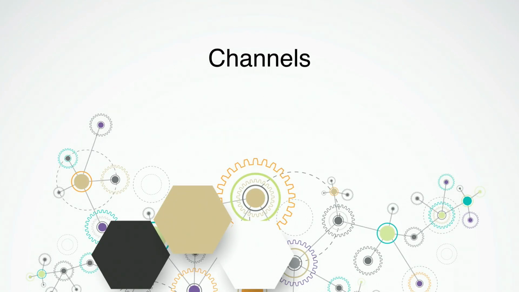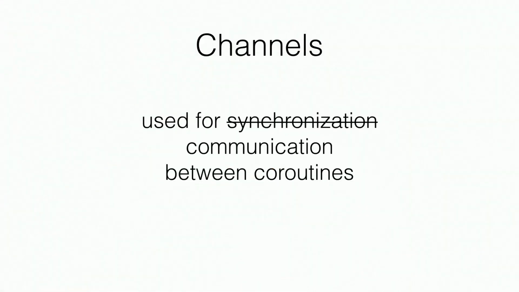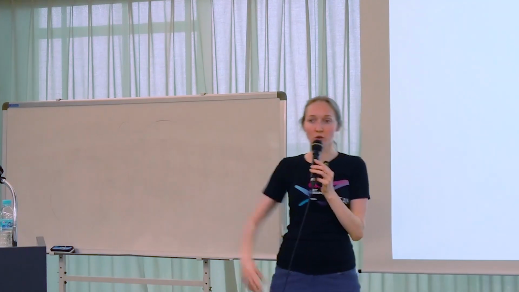So now I want to briefly highlight what a channel is and how it can be used for sharing something between coroutines. And following Go, we prefer to highlight that it's not synchronization between coroutines, but rather communication between them. So different coroutines can communicate, can send messages to different coroutines via channels.